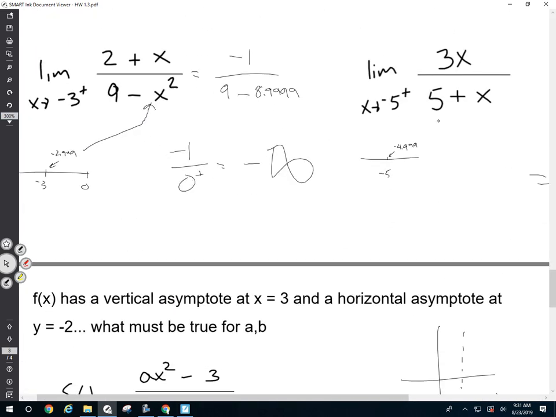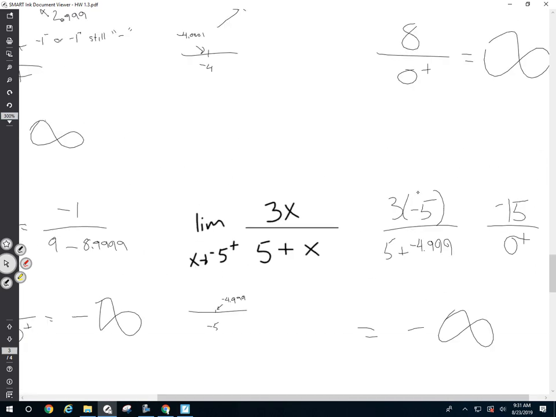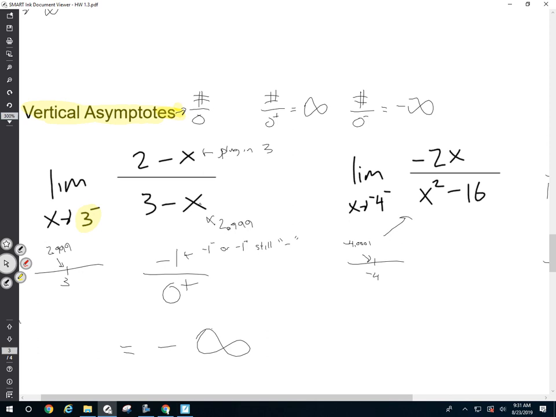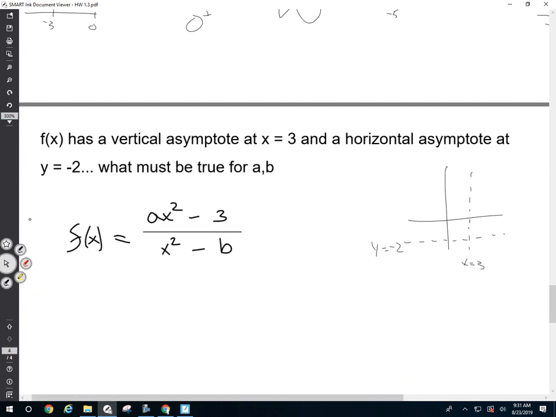We have a 0 in the denominator divided under a number. Vertical asymptote must be a number over 0. So, for my vertical asymptote, the denominator must equal 0 at x equals 3. That's an equation to solve. 3 squared minus b must equal 0. 9 minus b must equal 0. B's got to equal 9.